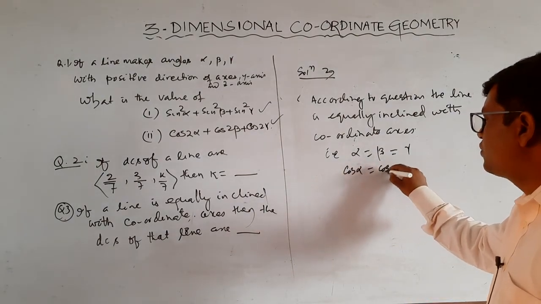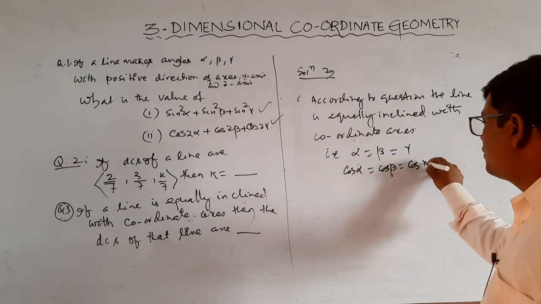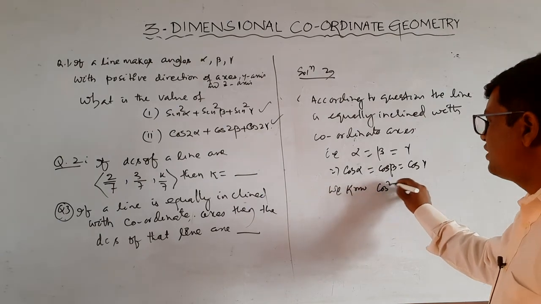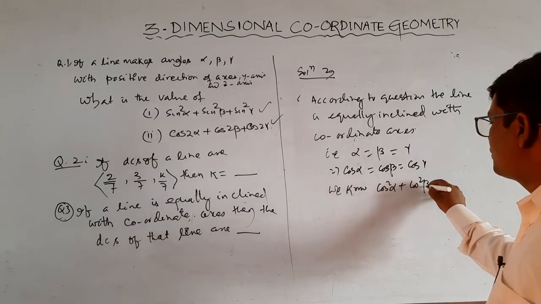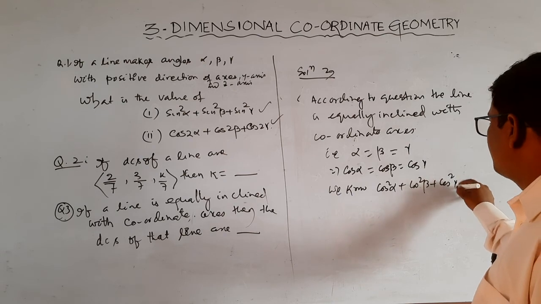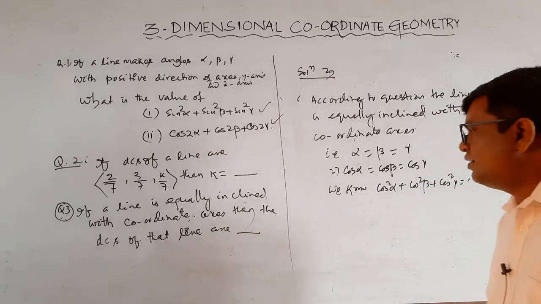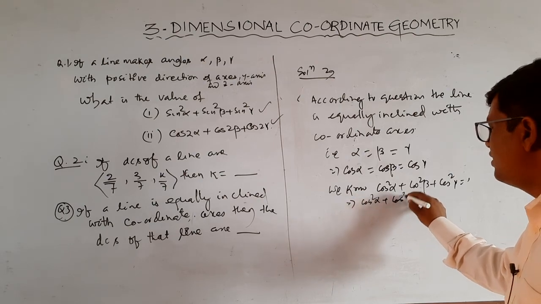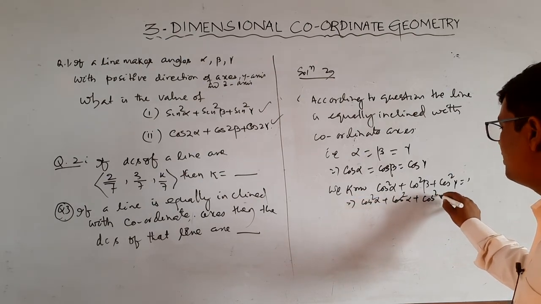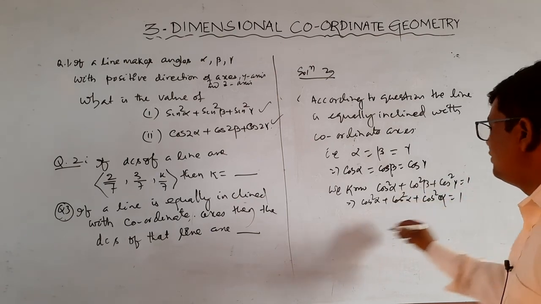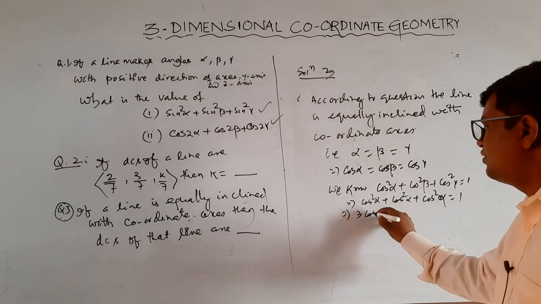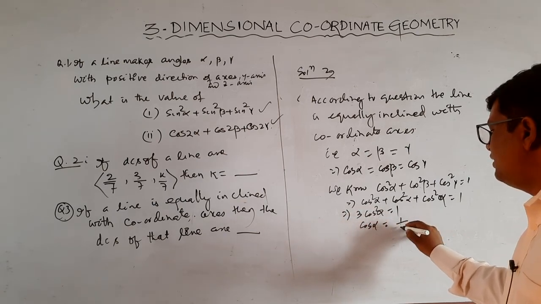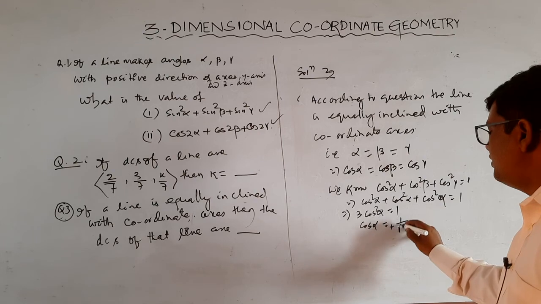We know cos square alpha plus cos square beta plus cos square gamma is equal to 1. Here, cos square alpha plus cos square alpha plus cos square alpha is equal to 1. Now 3 cos square alpha equal to 1. Cos alpha is equal to plus or minus 1 by root 3.